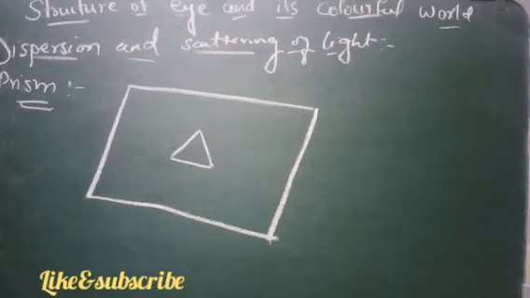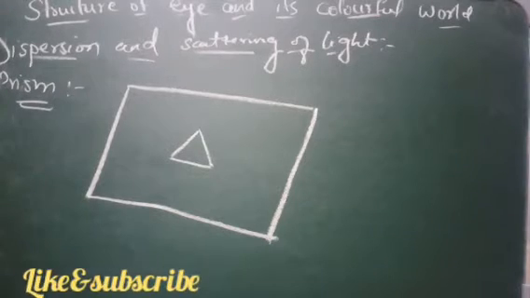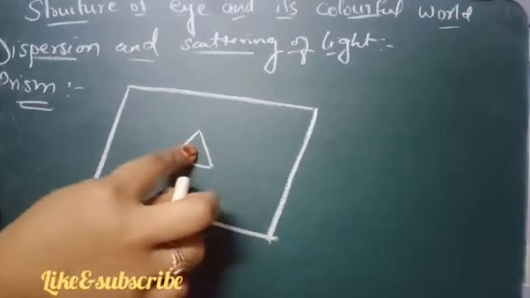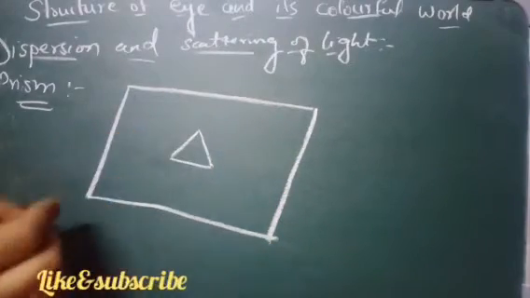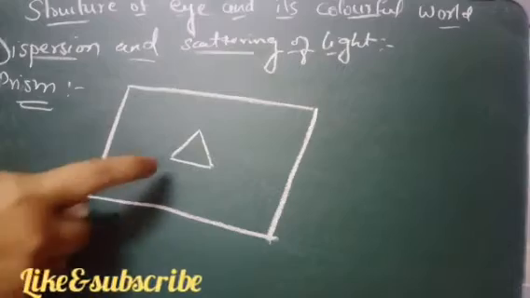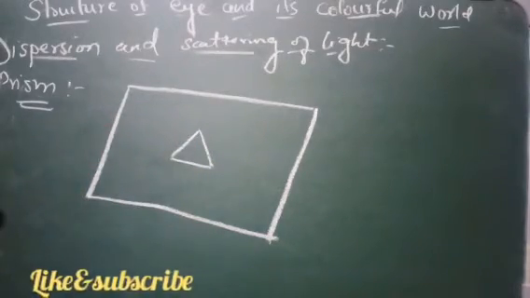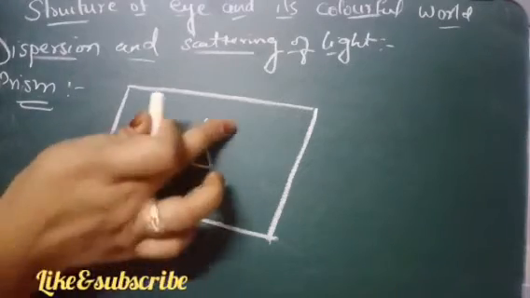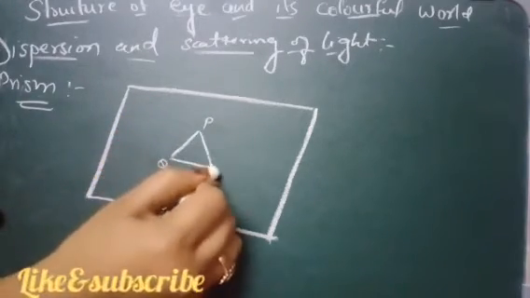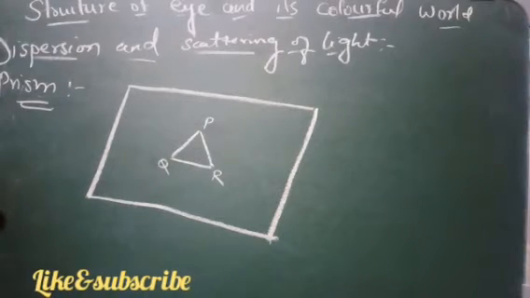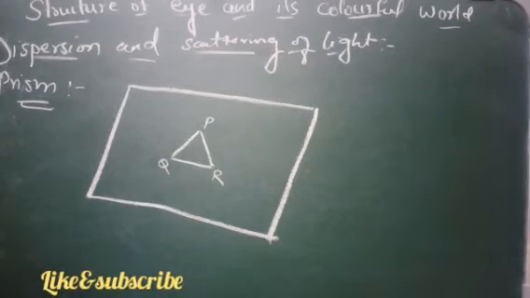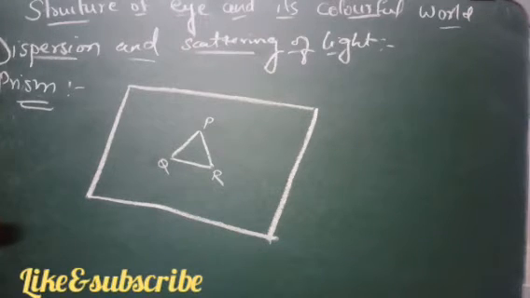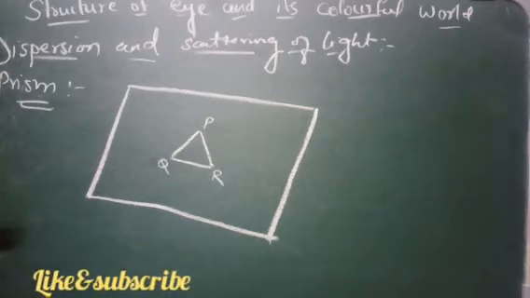Then we will remove the prism and name those vertices. We have kept the prism here and taken the borders, and now we will mark them as P, Q and R. Now we will measure the angles at P, between PQ and PR.